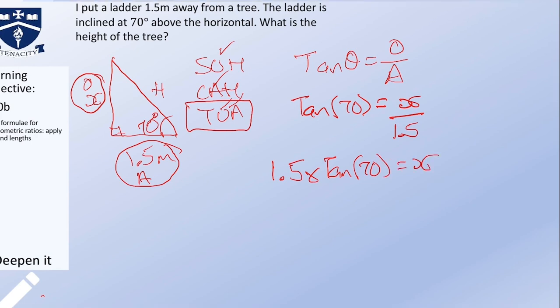And then we just need to make sure we put our numbers in our calculator. And when I do that, I have 4.2. So x is equal to, actually, sorry, 4.12 meters. So round it appropriately. Make sure you round it correctly.